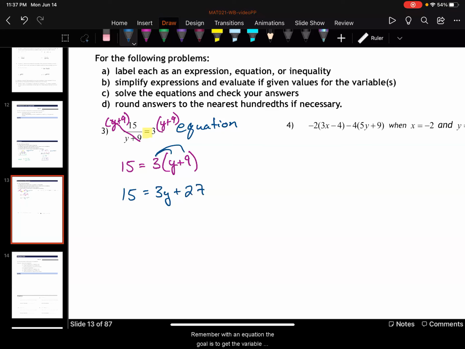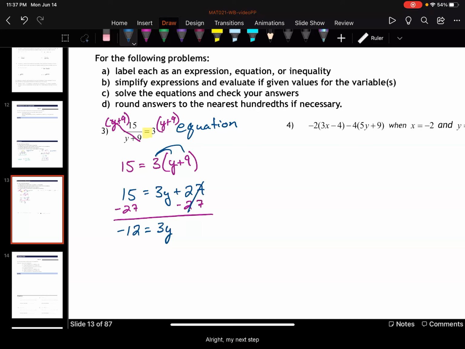Remember, with an equation, the goal is to get the variable completely by itself. So then I'm going to subtract 27 on both sides. 15 minus 27 will give us a negative 12 equals 3y, and 27 minus 27, those will subtract out and go away.